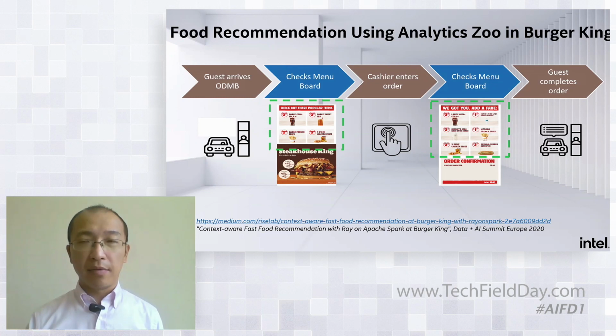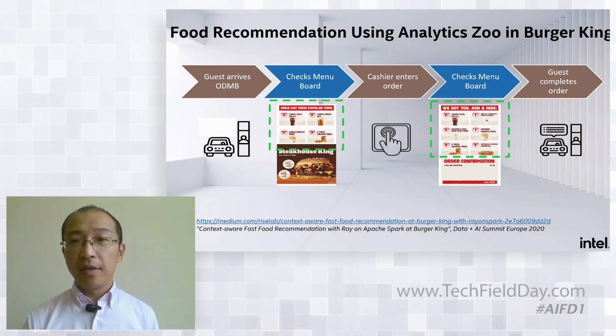The customer can talk to the cashier to have the cashier enter the order. As the cashier is entering the order, we use that information to do real-time recommendations. So you can see there will be new items showing up in your menu board, and the user can look at those recommendations and maybe add something to their order.